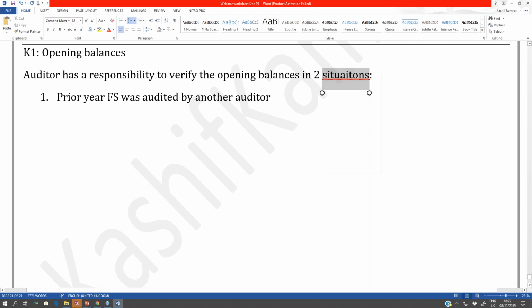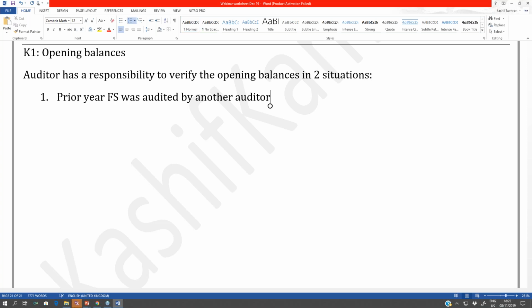When the prior year financial statement was audited by another auditor and you are appointed as the new auditor, then there is a responsibility on you to verify the opening balances because the prior year audit was done by another auditor.